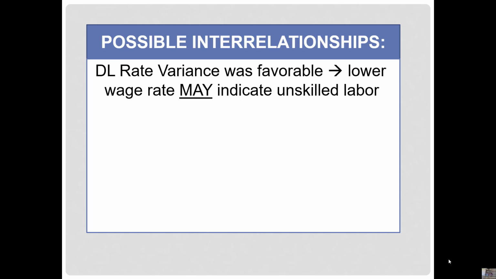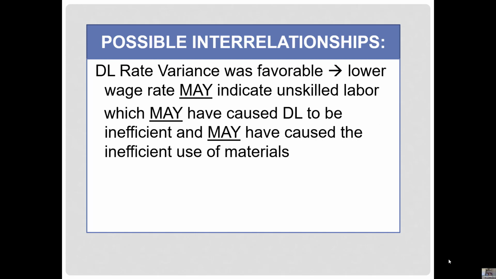So we paid $7.80 when we were allowed to pay $8, but it might be because we hired unskilled labor. This could result in labor inefficiencies and the inefficient use of materials. In other words, this favorable rate variance might have caused the unfavorable direct labor efficiency and/or an unfavorable direct material usage variance.